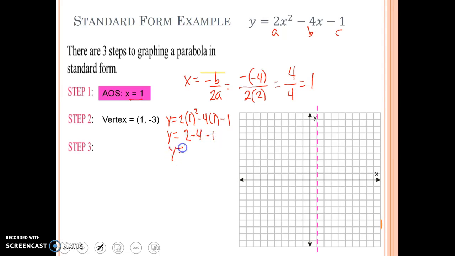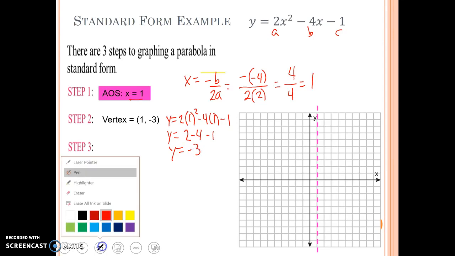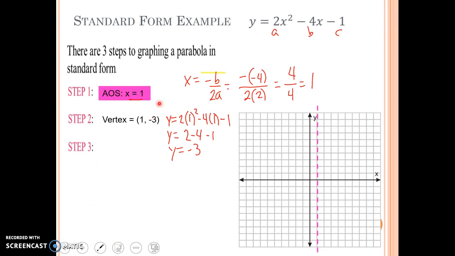So you can see that's how I got the value of -3, because 2 minus 4 is -2, and then -2 minus 1 is -3. So that's where I get this value right here. And then you'll go ahead and graph that vertex.